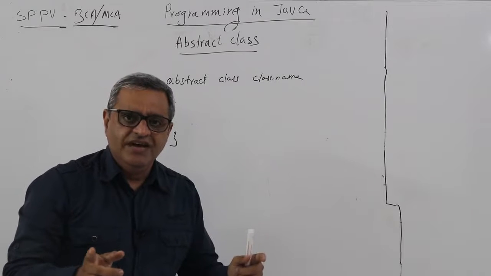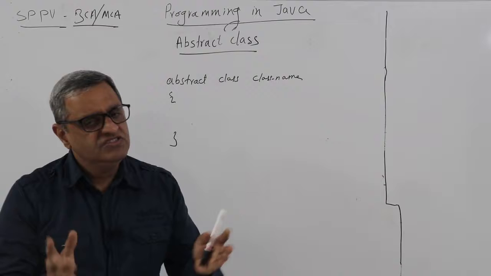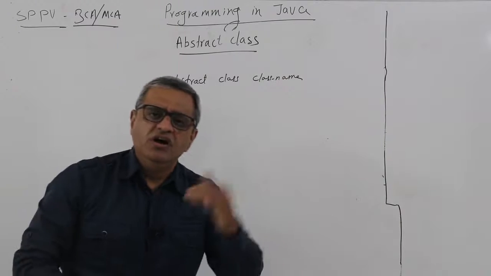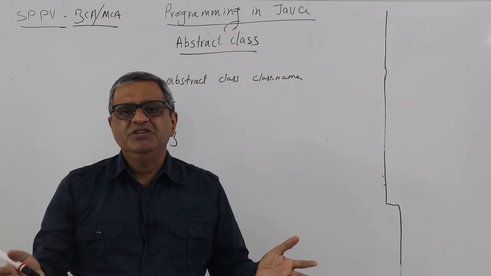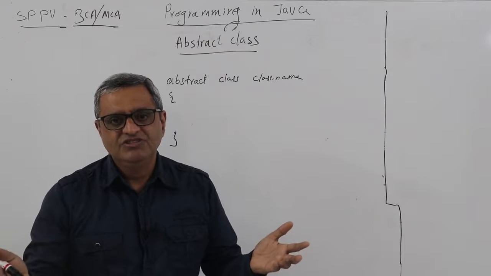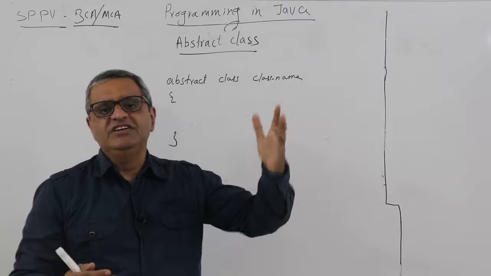An abstract class can have abstract methods or non-abstract, that is regular, methods. Now what are abstract methods? Let's understand the meaning of the word abstract. Abstract is something which doesn't have details in it. It is something which is at a high level.